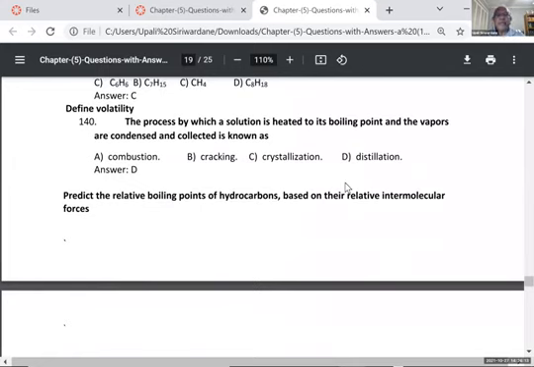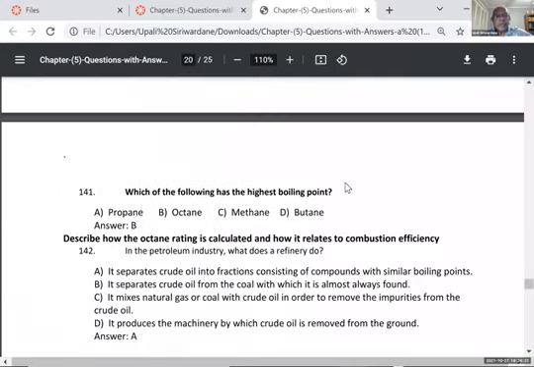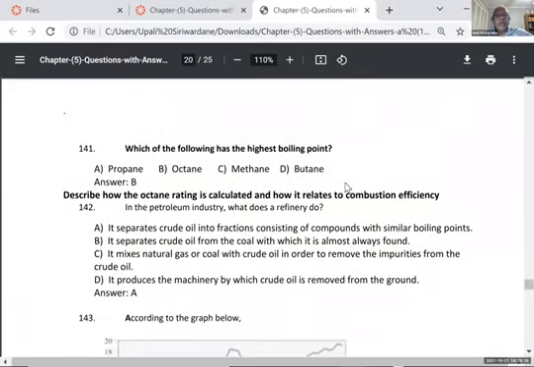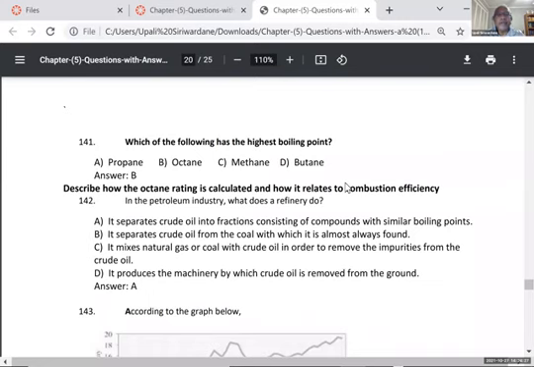The process by which a solution is heated to its boiling point and vapors are condensed to collect is known as distillation. Which of the following has the highest boiling point? The higher the carbon number, the higher the boiling point. Octane has 8 carbons, so it has the highest.